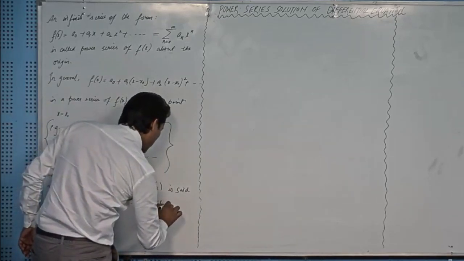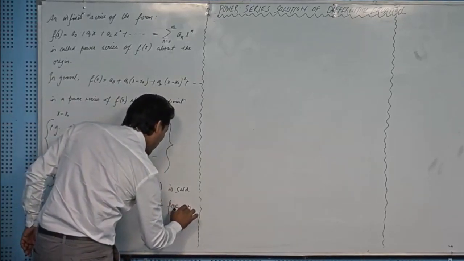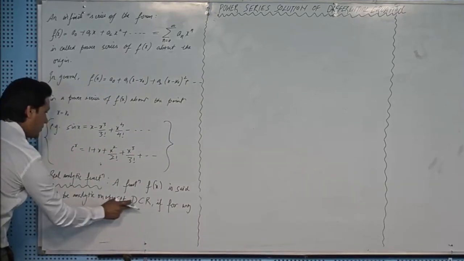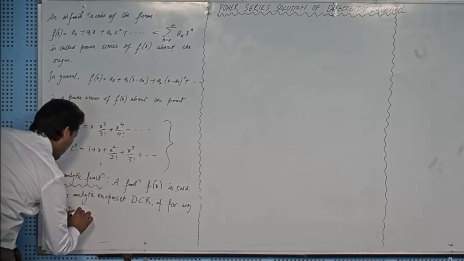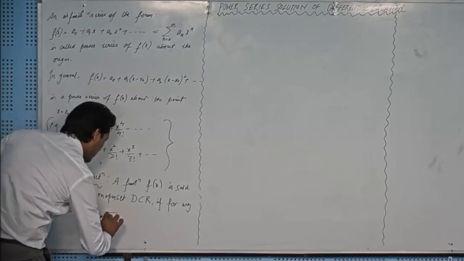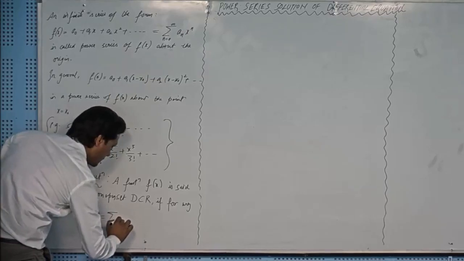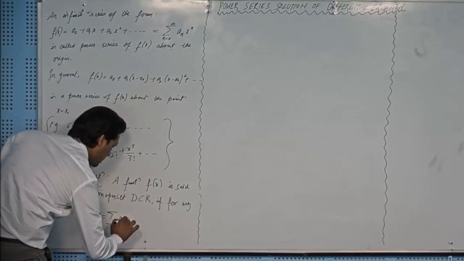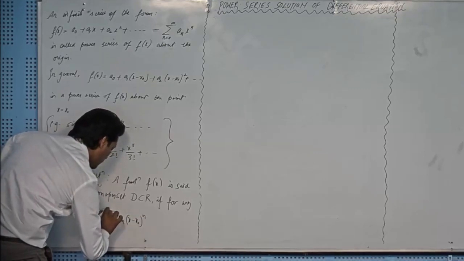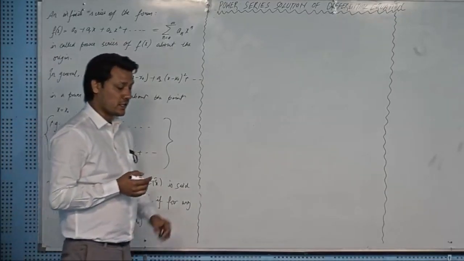If for any point x naught belonging to this domain D, fx can be represented by power series representation in x minus x naught to the power n, n equal to 0 to infinity. What does it mean by a real analytic function?